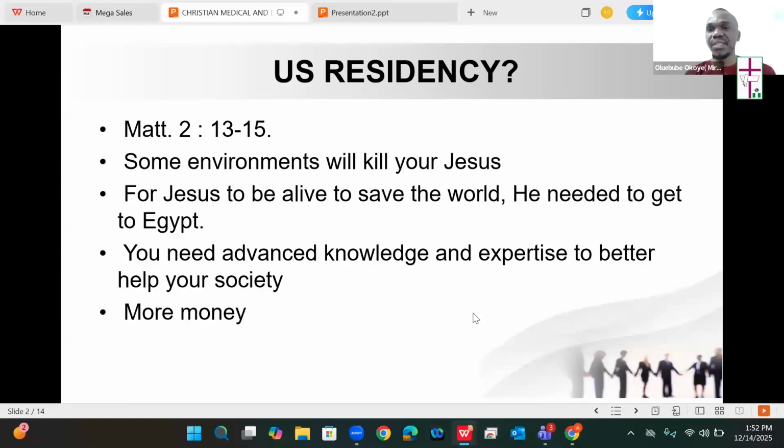There are a lot of ailments and disease conditions that, because of limited expertise, knowledge, and even medical equipment, we are not able to manage back at home. But with those experiences here, we can take them back home and help our environment. And the second why is actually money. I put it second, but let's not make it carnal. It's a fact that there is also more money when you practice over here as a medical doctor.